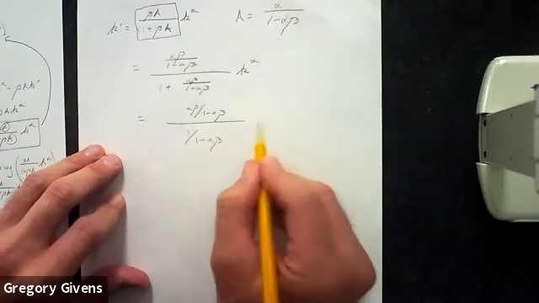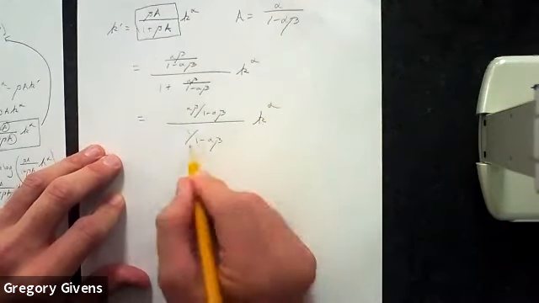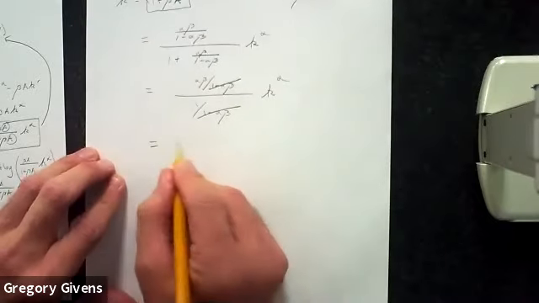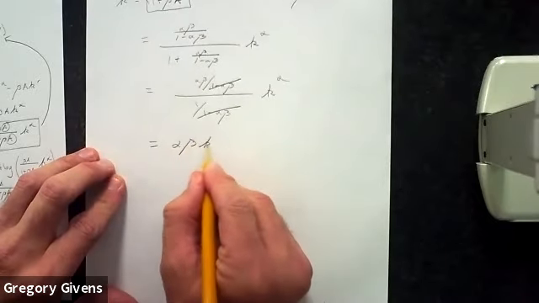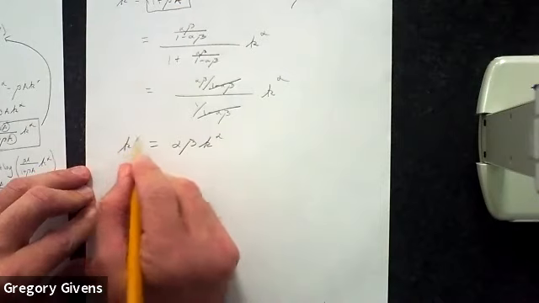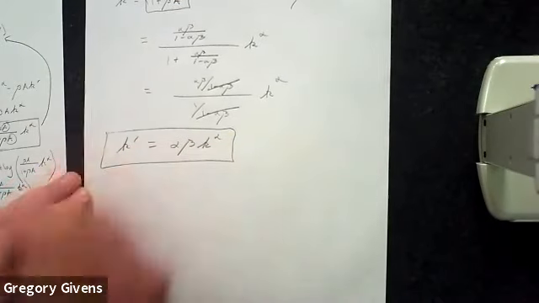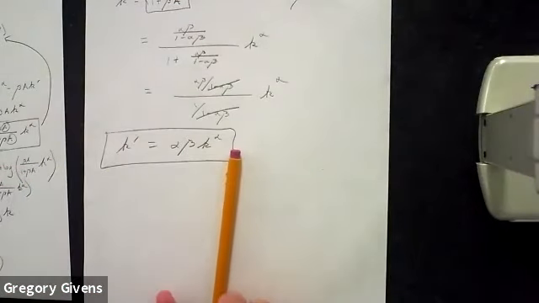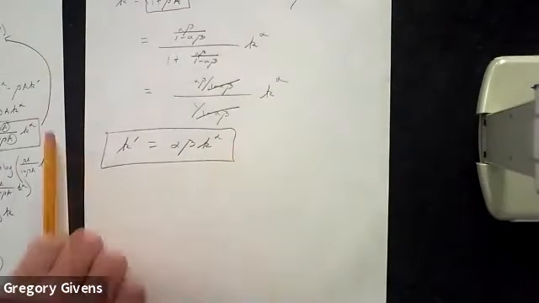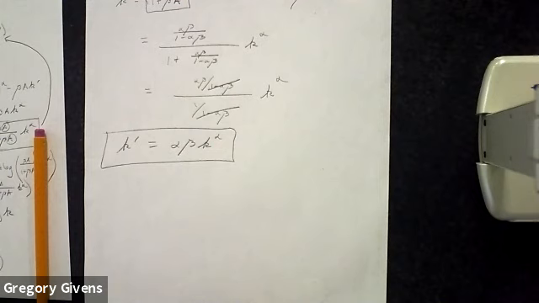Oh, look at that. Cancel, cancel, alpha beta K to the alpha. That look familiar? So that method also generates the correct policy function for the capital stock.